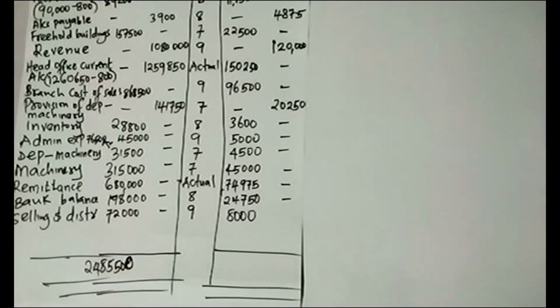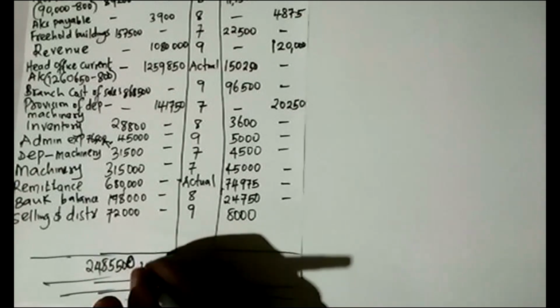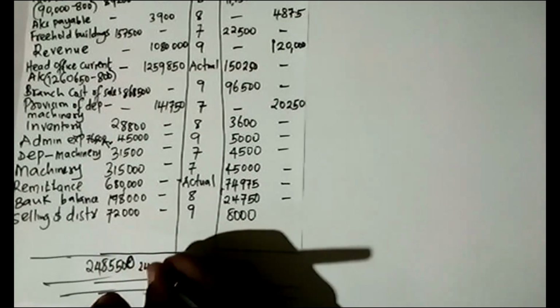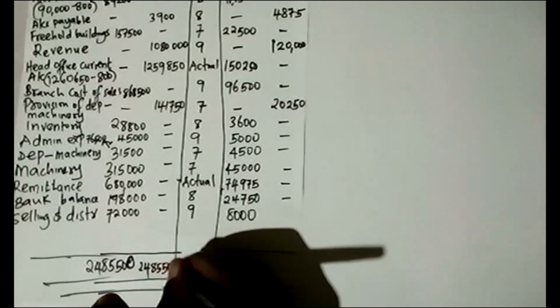Then for the credit side, again, I take 3,900 plus 1,080,000, 1,259,850, then 141,750. I'm getting the same, 2,485,500.